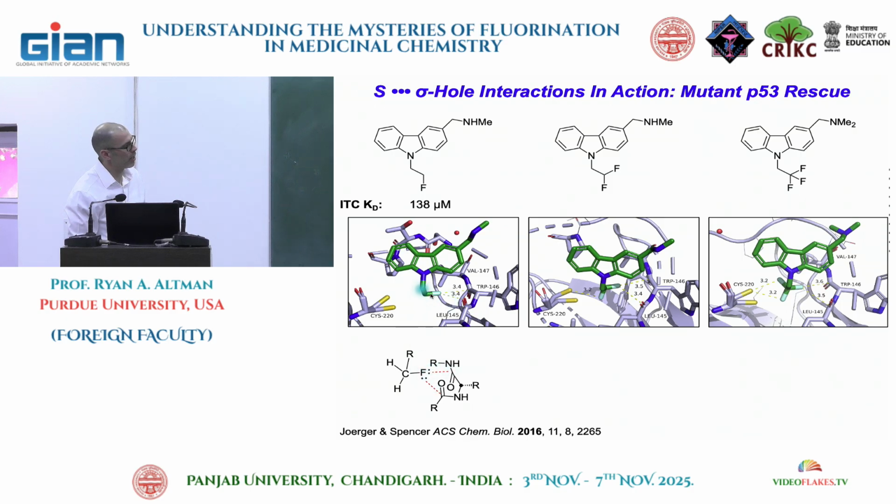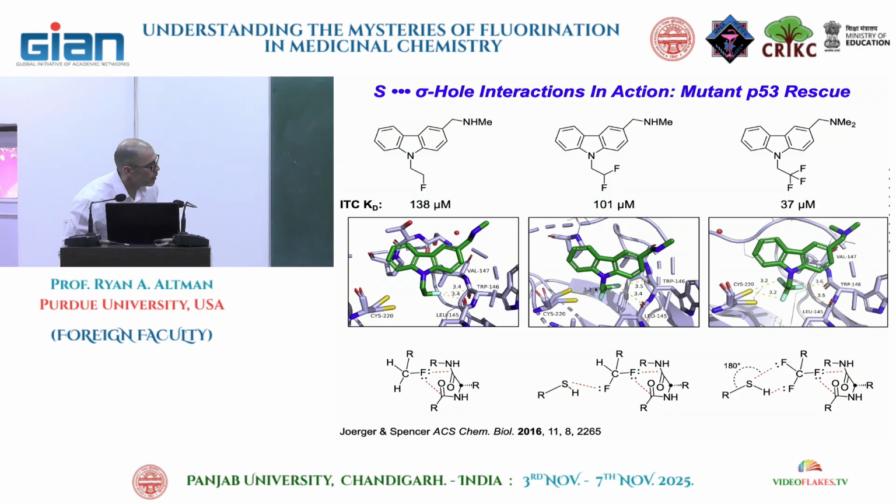It's just well aligned. You have conformational freedom in this ethyl chain for that fluorine atom to find the happy spot over there. The CF2 unit still makes the same interactions over here, but it also starts to make an interaction over to the sulfur, and the CF3 actually reinforces that interaction.